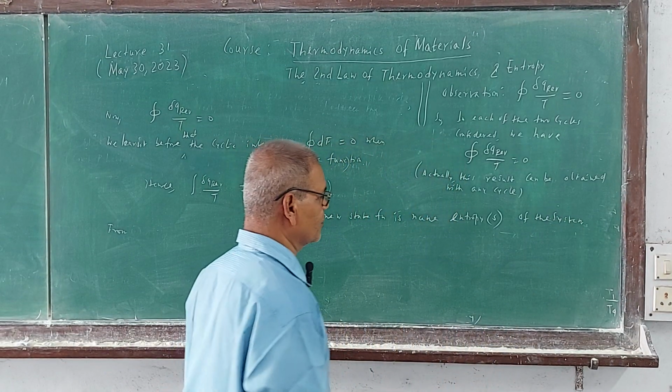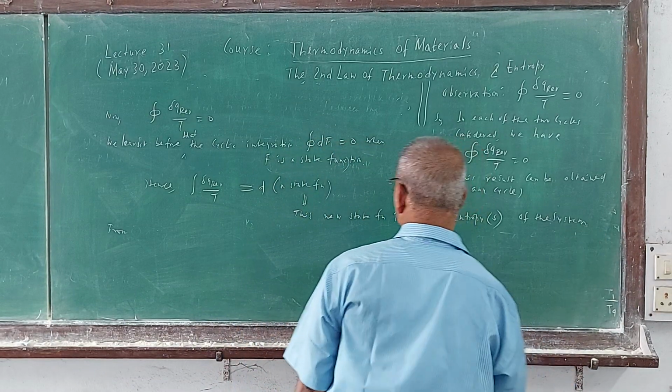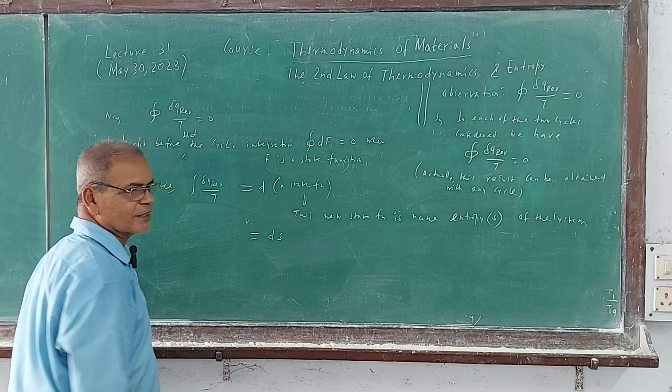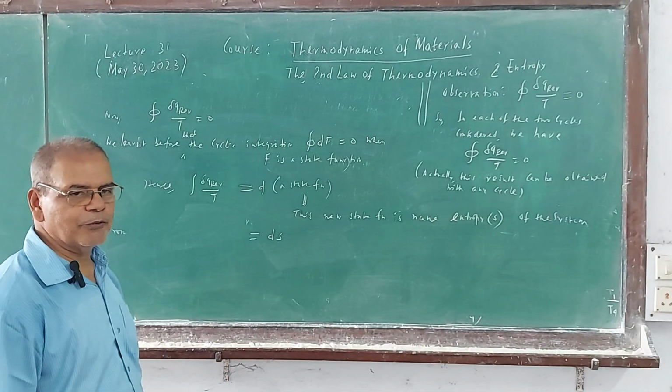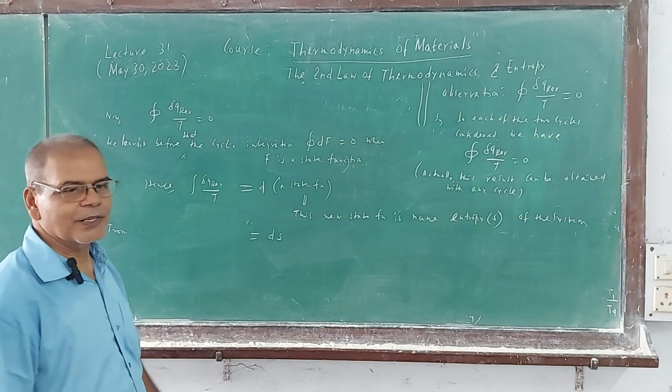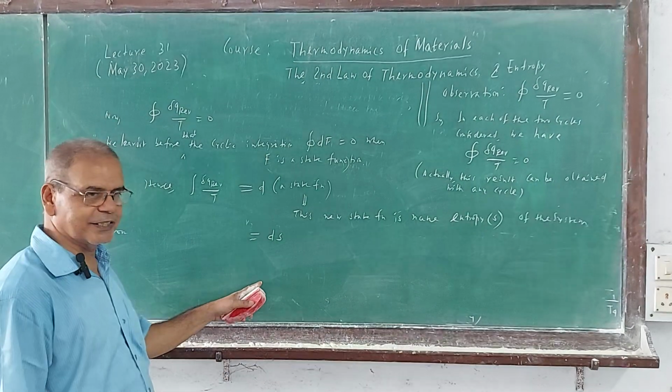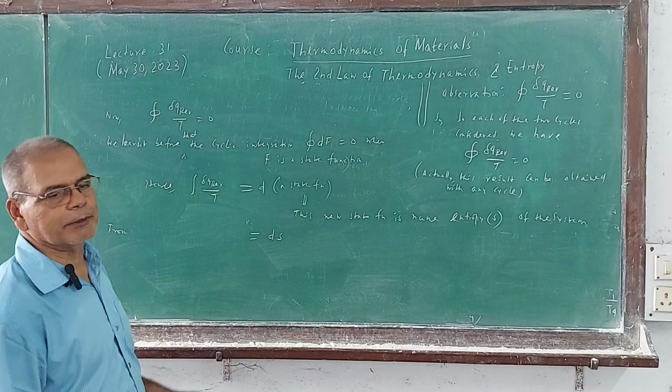Entropy of the system, okay? So then shall I write dS? This is how we are getting the definition of entropy. What is the definition? It is such a function that dS is dq reversible by T.